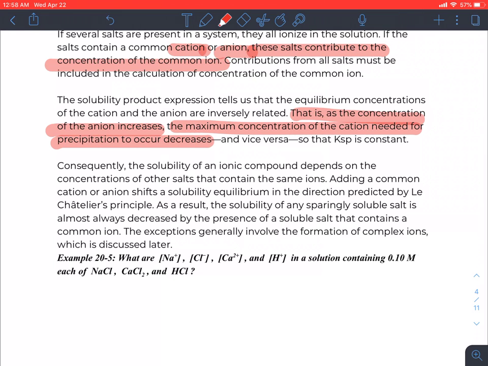Now precipitation, remember, that is in solution. When the substances are in solution, meaning in the aqueous form, they precipitate out to that solid form. Consequently, the solubility of an ionic compound depends on the concentrations of other salts that contain the same ions.